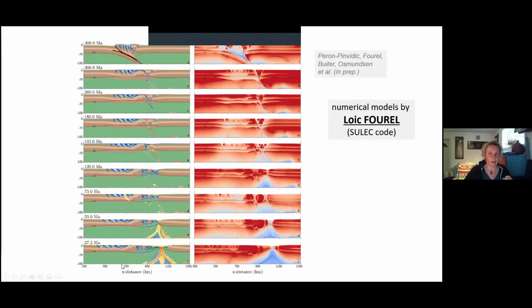Okay, so this is from work done by Loïc Fourel, who was a postdoc at the NGU under the supervision of Susan Bitter. And Loïc did a huge amount of work trying to model that evolution. He created models with first an orogen, and then began to extend that orogen to see what types of geometries we can develop in the rifted margin.